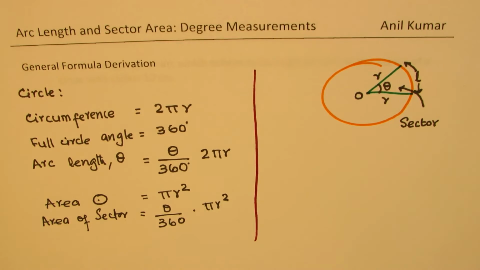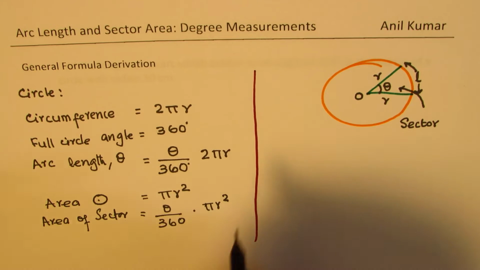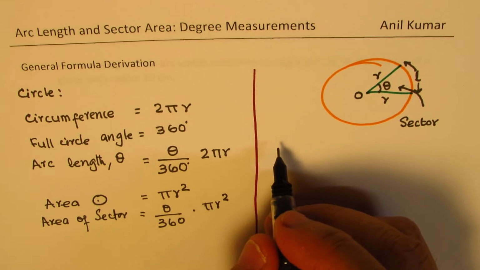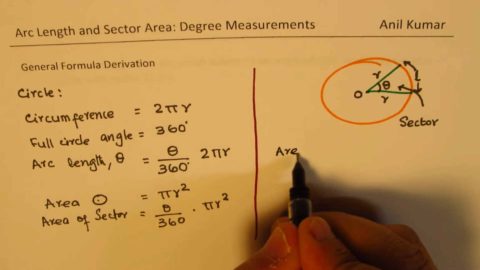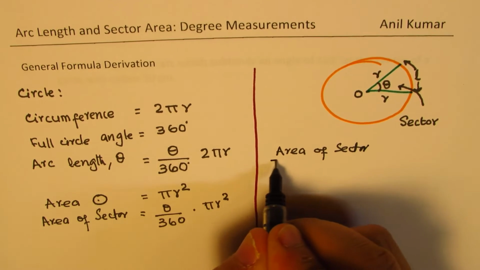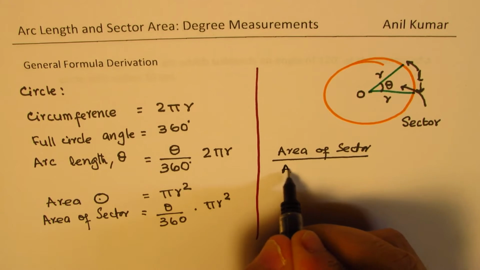Now from here, there are few important things which you can also correlate. That is to say, if I want to know what is the relation between area of sector and arc length? Well, what is the ratio of area of sector over arc length?